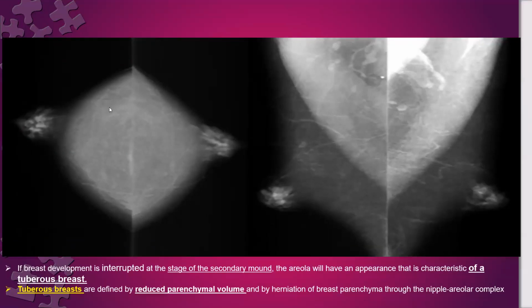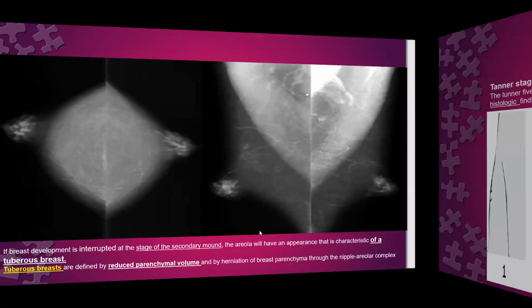This is a fibroglandular tissue only, sitting here at the nipple areolar complex. This is a hernia. You got it? Congenital hernia of the breast. Is it clear? Sumaya? Clear, yeah. Okay.